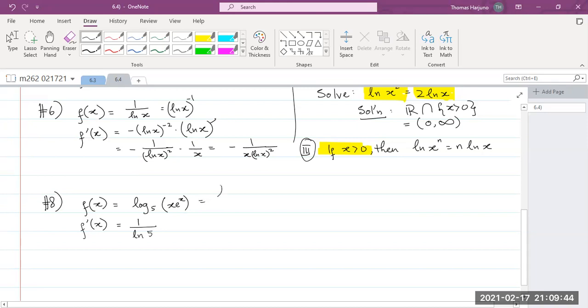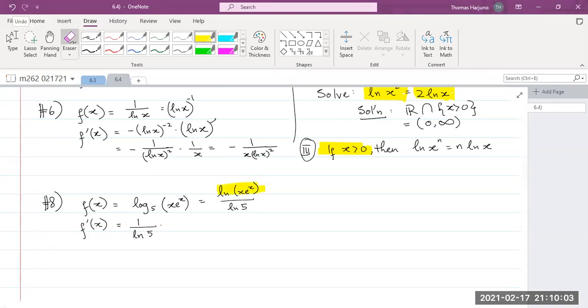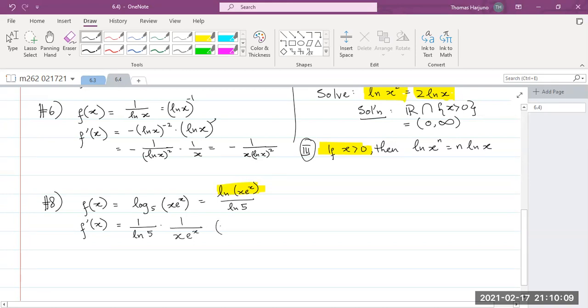Because this is natural log of x e to the x over natural log of 5. So that's 1 over ln 5 times the derivative of this. Now, the derivative of that is 1 over x e to the x times the chain, the derivative of x e to the x.